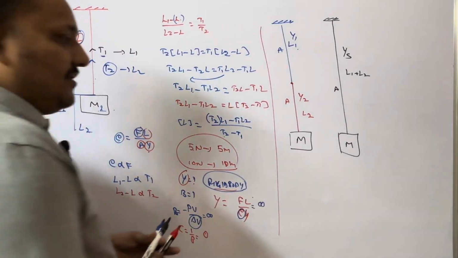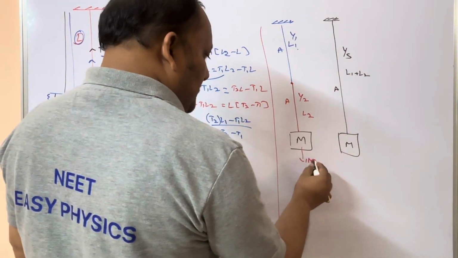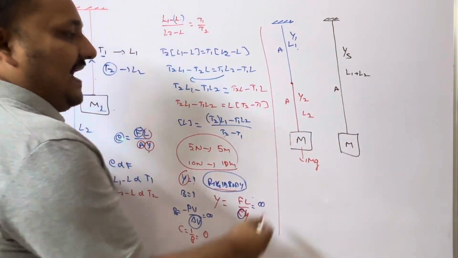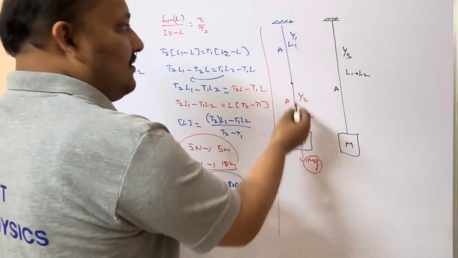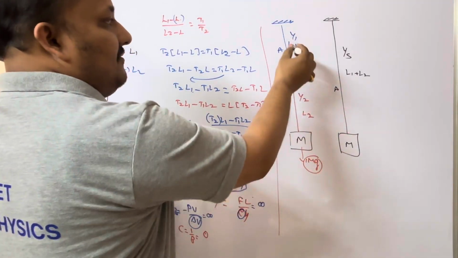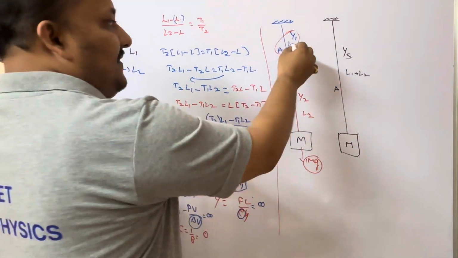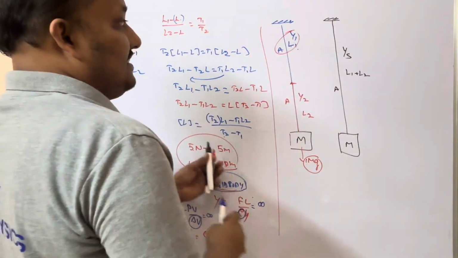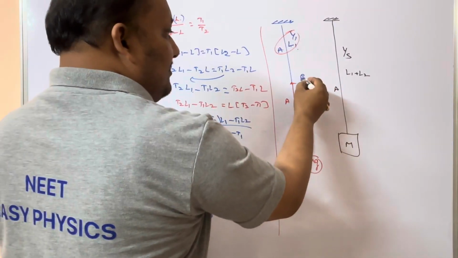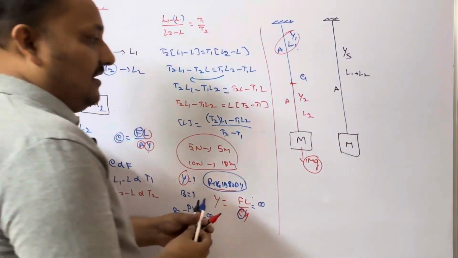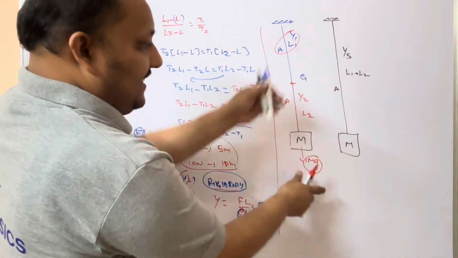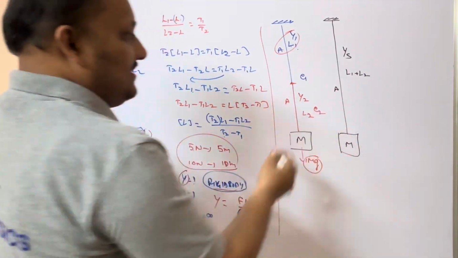Then how are we going to get it? The load or weight is going to be acting. First, we take this load for the upper wire. Singly, the elongation within it is going to be E1. Like that, for the other wire, the red color wire, the elongation is E2.